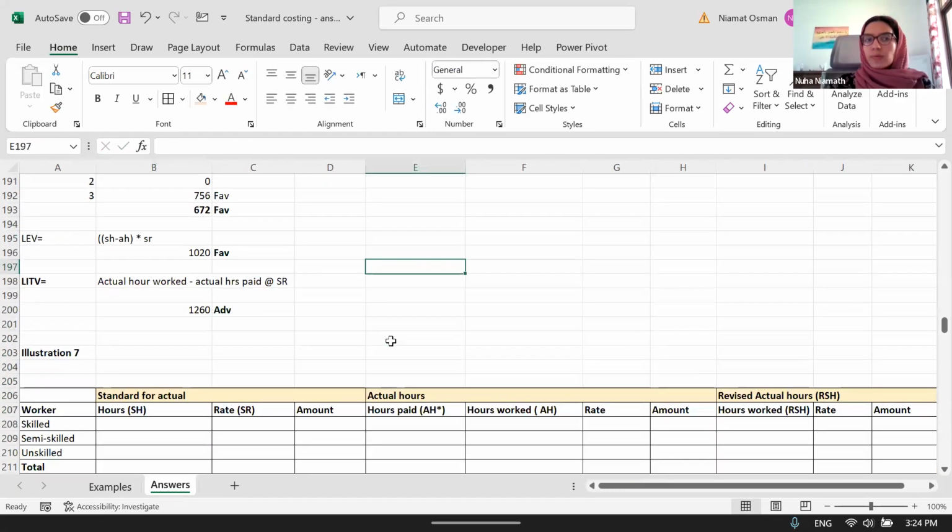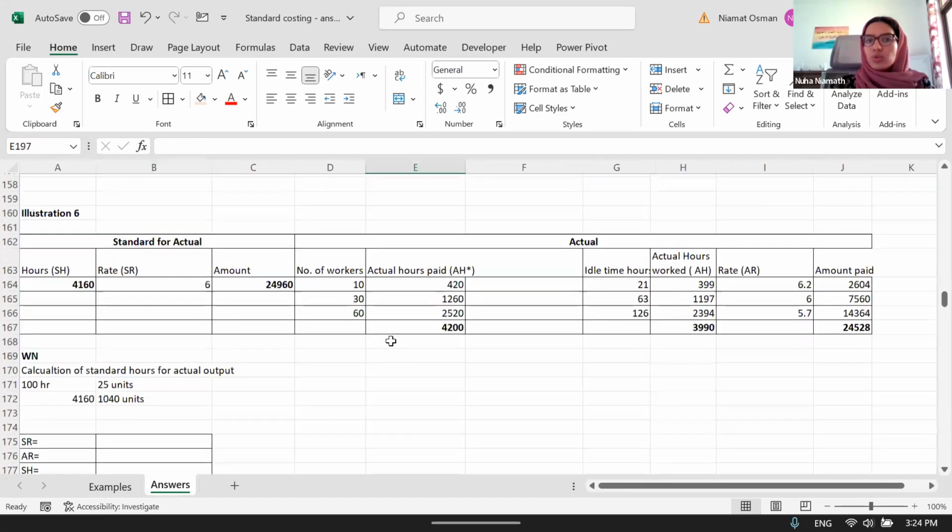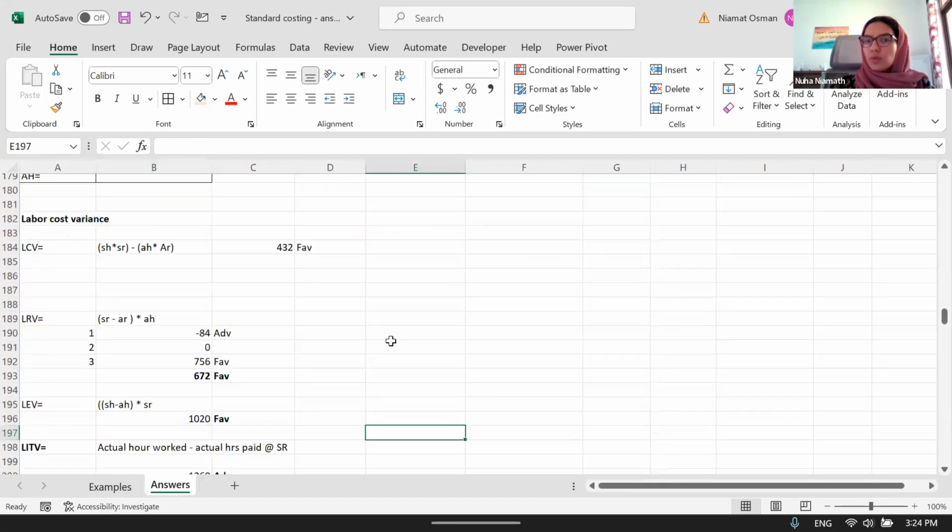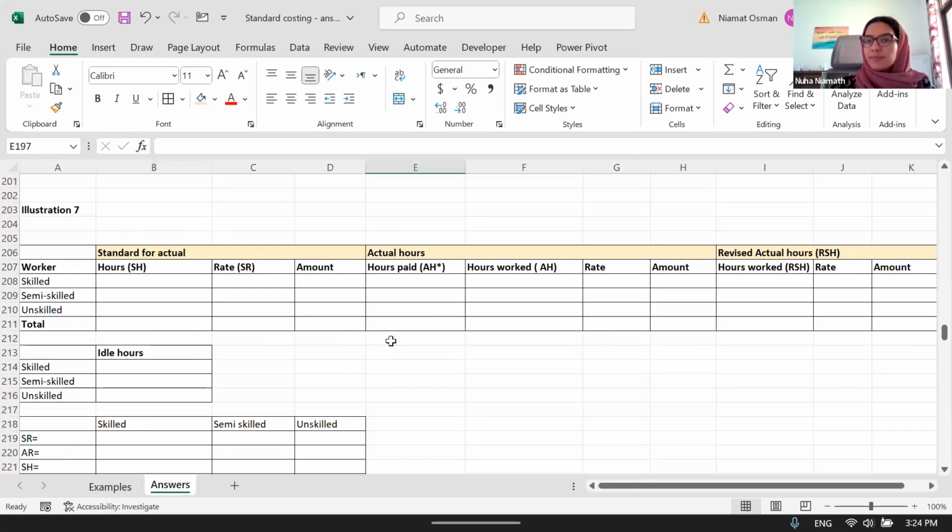All clear so far? Any questions, any doubts with this particular question? Shall we proceed to the next one? Any questions so far? Thank you, Neetu. How about the others? Yeah.